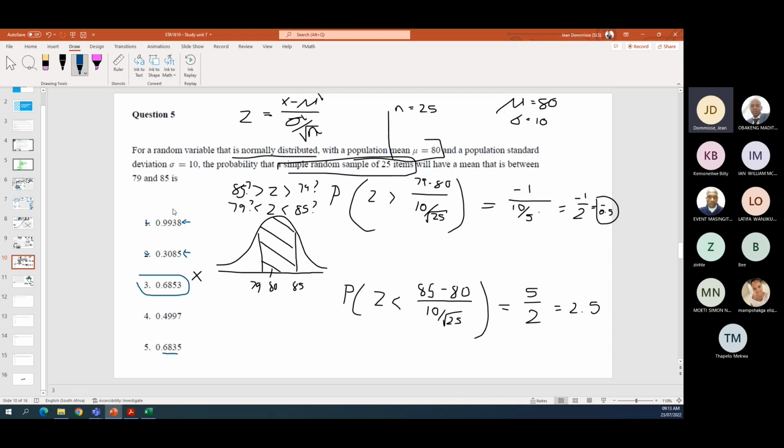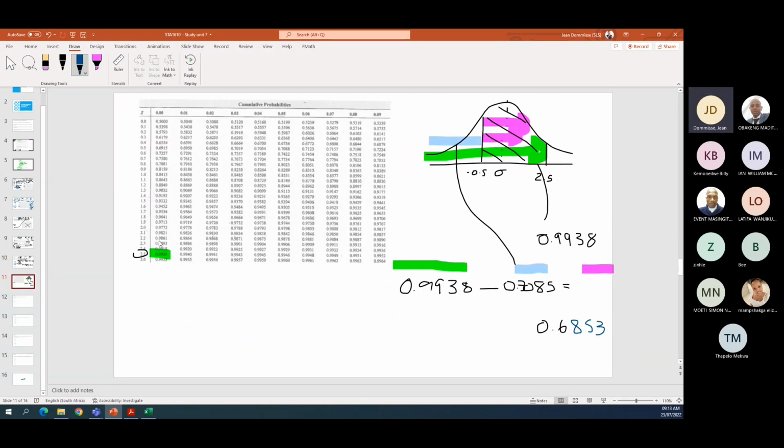But this for me is nearly the most difficult question from study unit 6, because you need to calculate 2 of the z's, then you need to use the positive table for the one and the negative table for the other one.